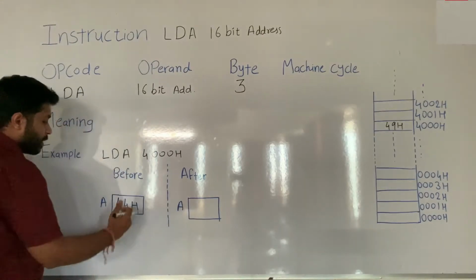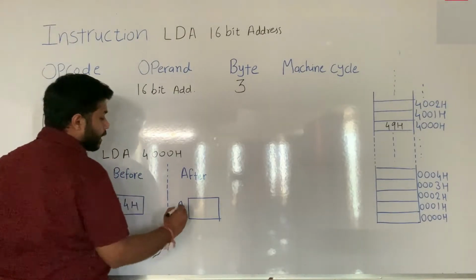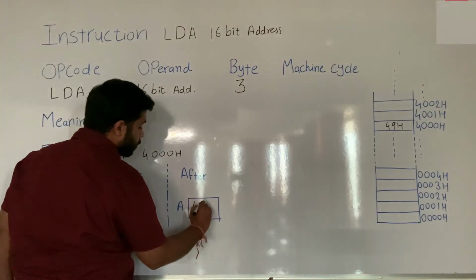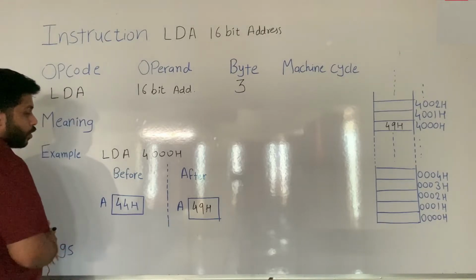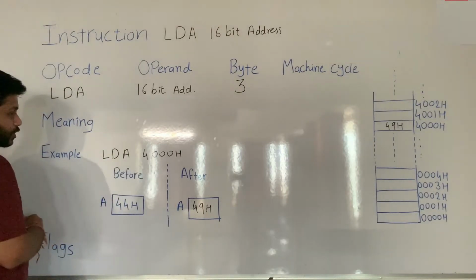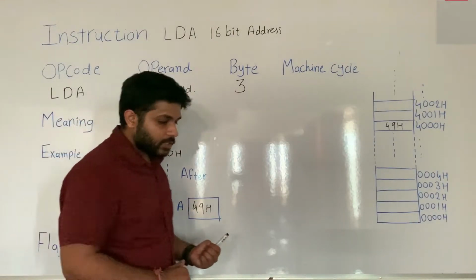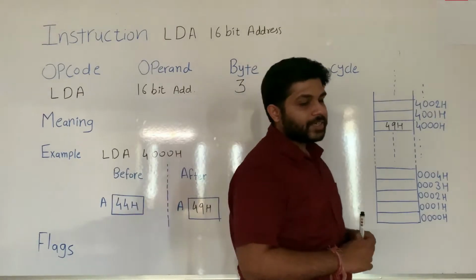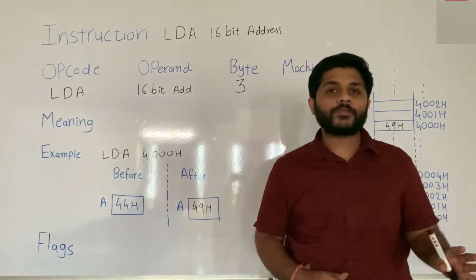So the previous 44H in the accumulator will be overwritten, and the new value in the accumulator will be 49H. So this is the example of this instruction. What is the flag of this instruction? Because this is a data transfer instruction, no flags are affected.